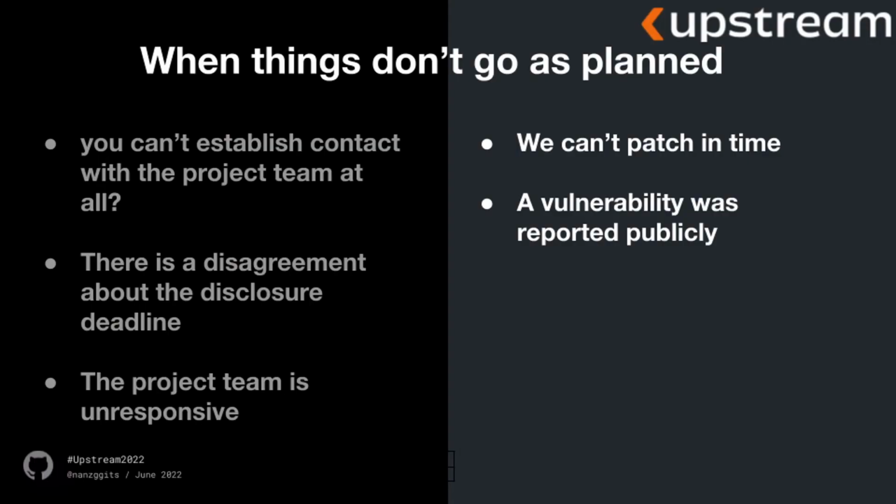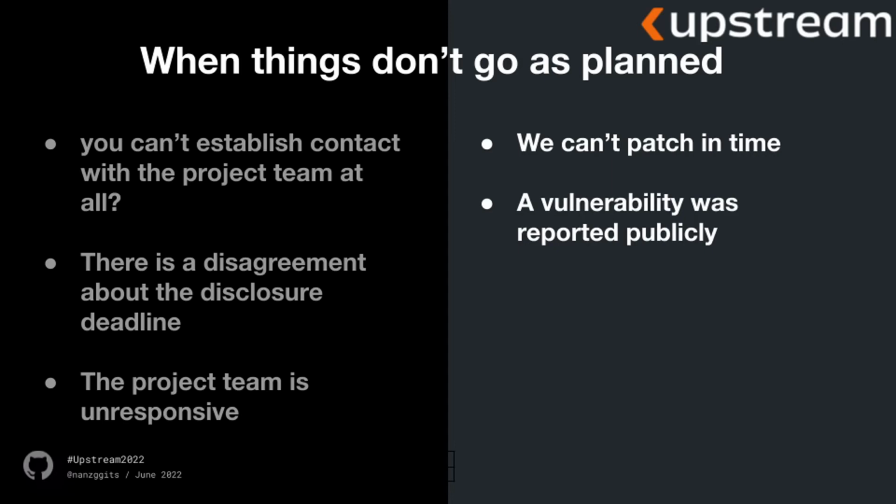Other issues for maintainers: if you can't patch in time, well, again, reach out to reporters and explain why you were not able to patch in time, explain your plan for moving forward, and try to find an agreement to extend that deadline.